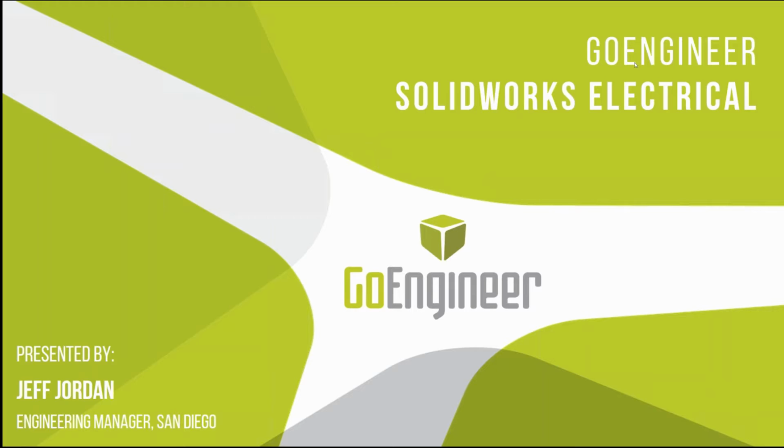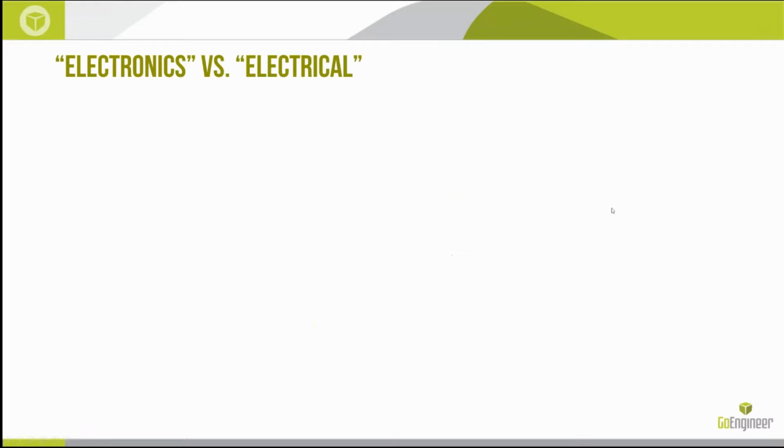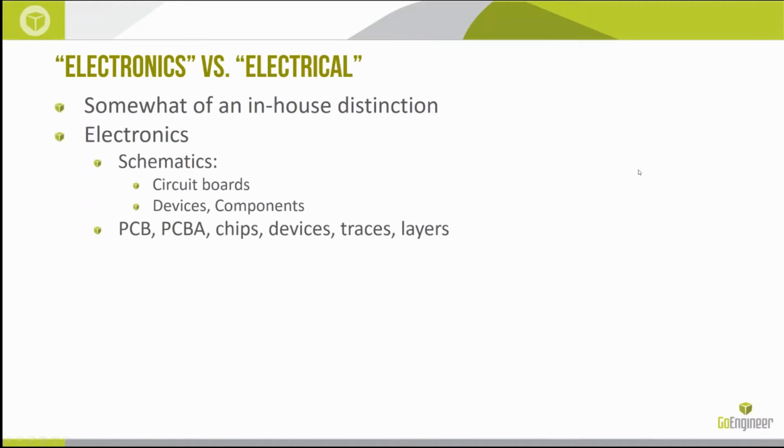So figure we might as well roll in here. Electronics versus electrical. This is the first question that we get with this software, and we found that it's kind of an in-house distinction, so we try to come up with some common vernacular here. For some people, electronics and electrical mean the same thing.